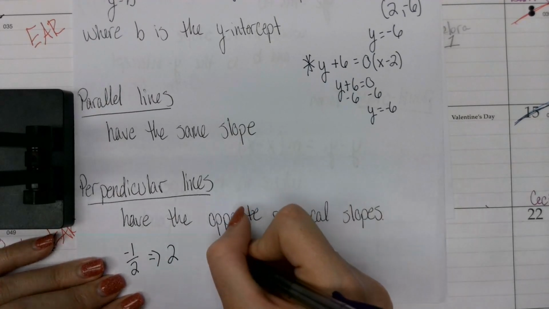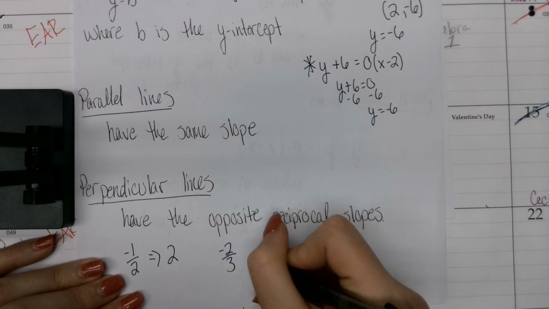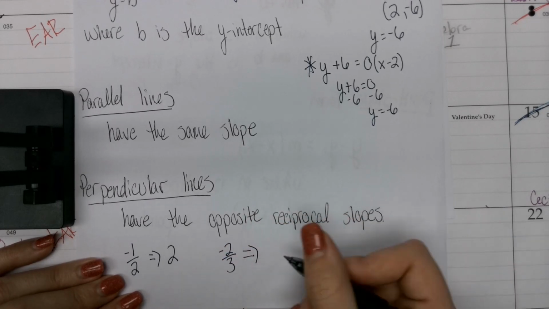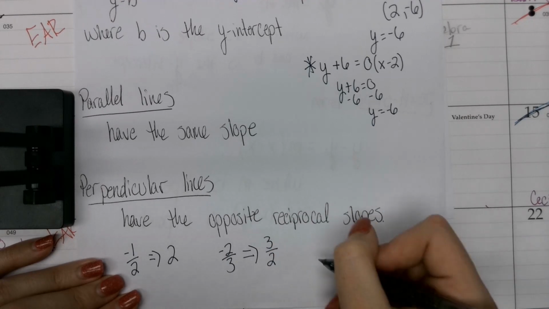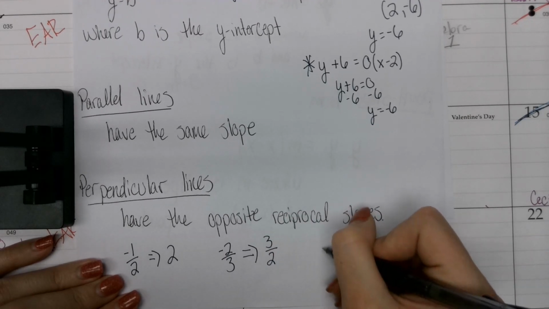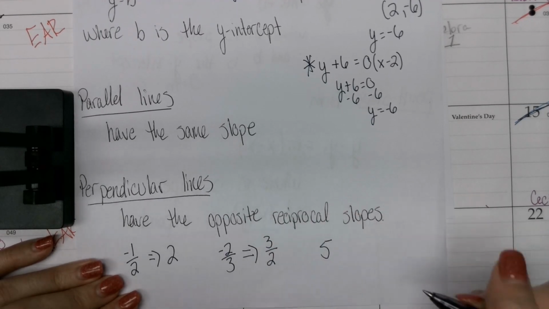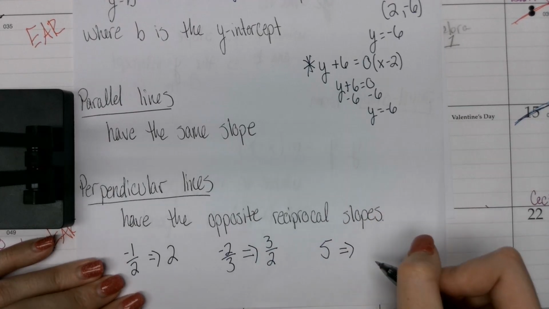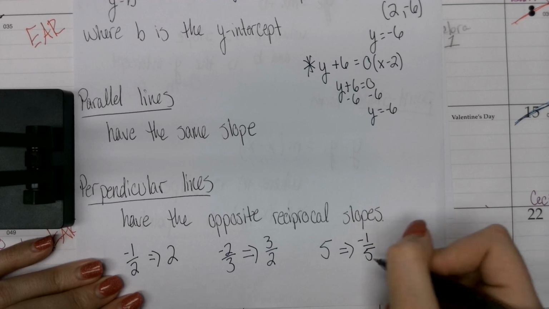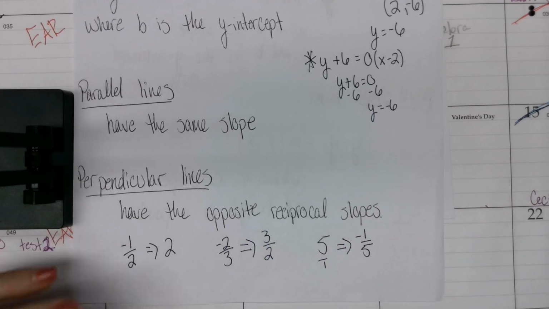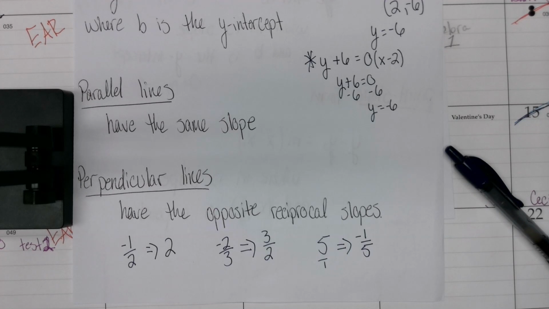If we had -2/3, the opposite reciprocal would be positive 3/2. And if we had positive 5, the opposite reciprocal of positive 5 would be -1/5, because we'd assume it's over 1. Okay, let's start on some of the examples in the next video.